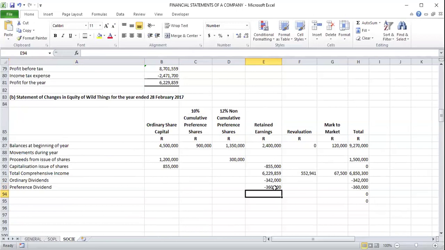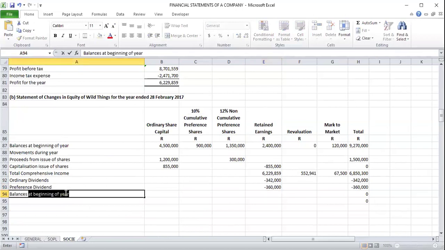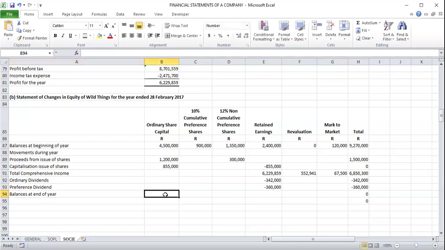I think that's it. Then I don't think that we left anything else. Right. Then you get your balances at end of year. We add up.